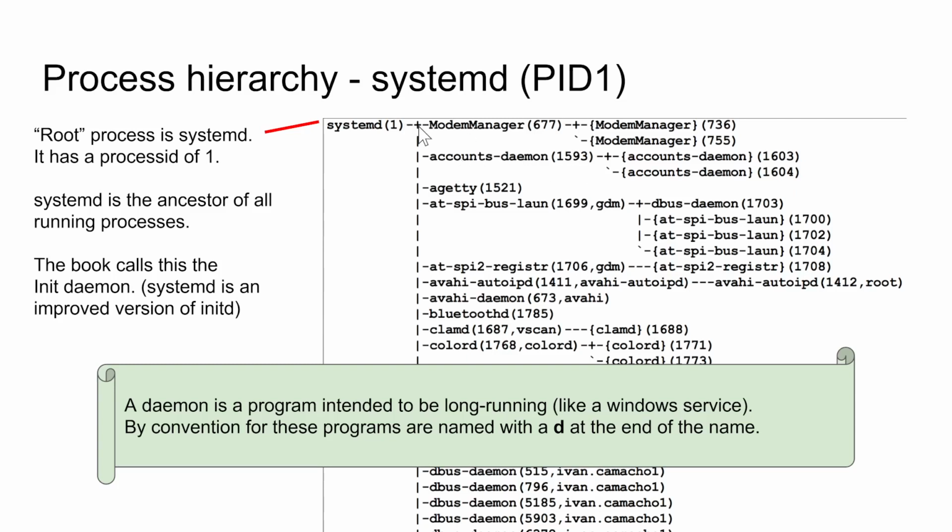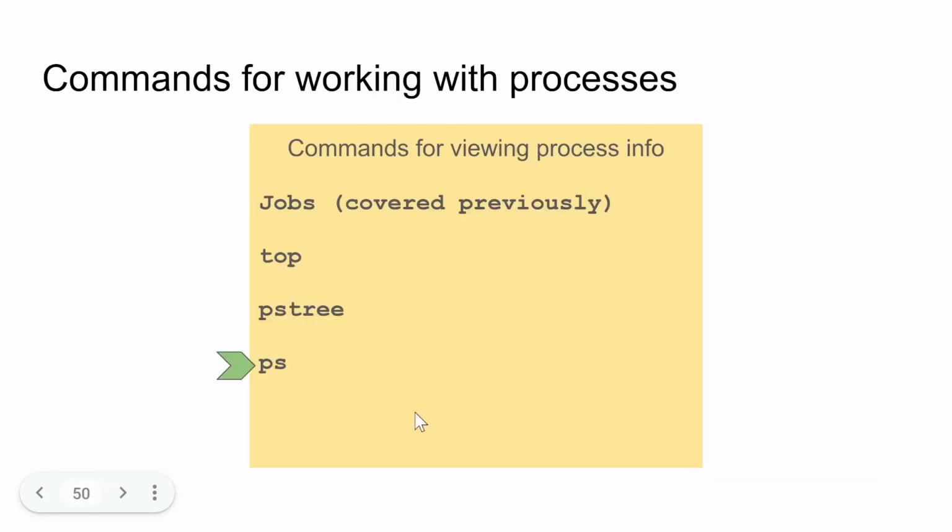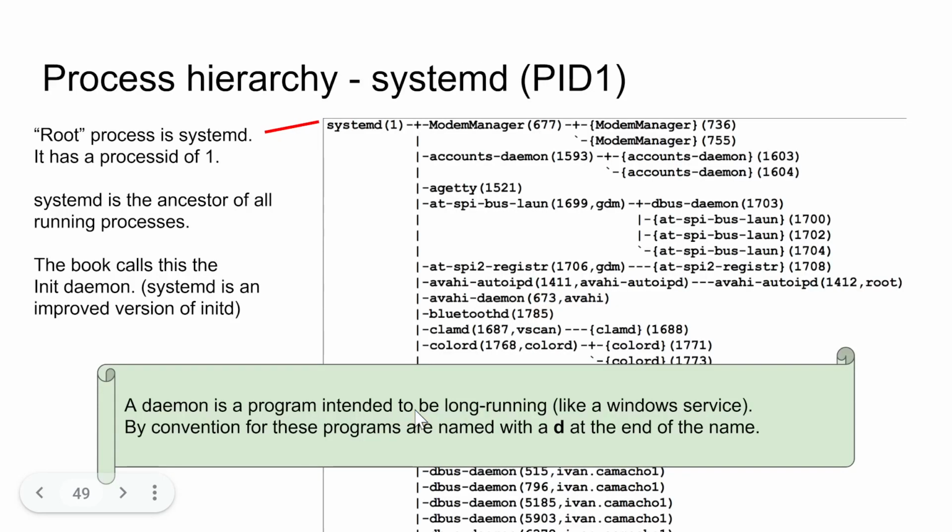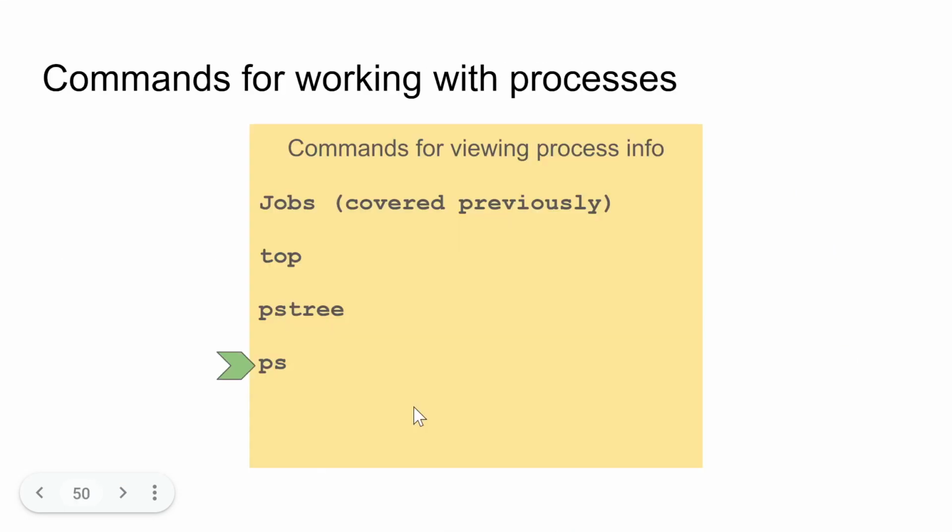So accounts-daemon is the second node off of systemd here in this example. Some of the other entries in this tree, there's a bluetoothd. So there's a process running as a daemon that has something to do with Bluetooth here in this example. I'm not going to cover daemons much in this video. I just wanted to call it out because it is a concept that is introduced in the next Red Hat chapter.